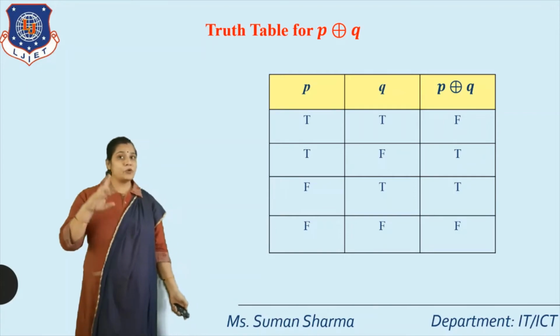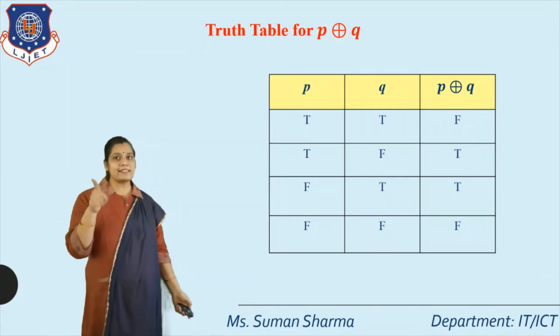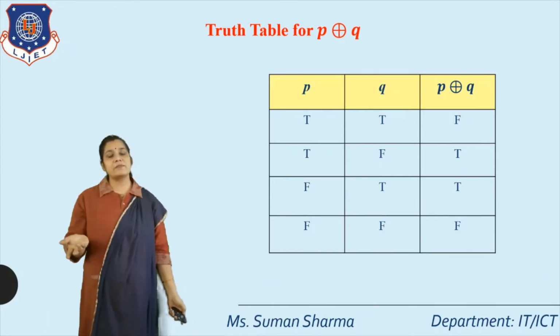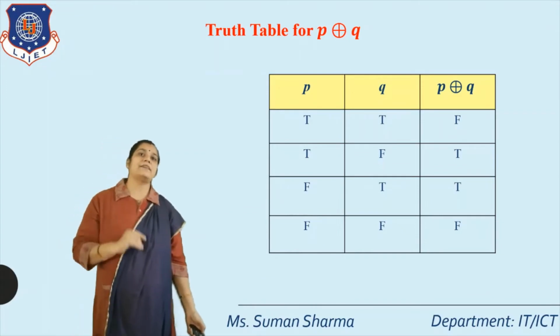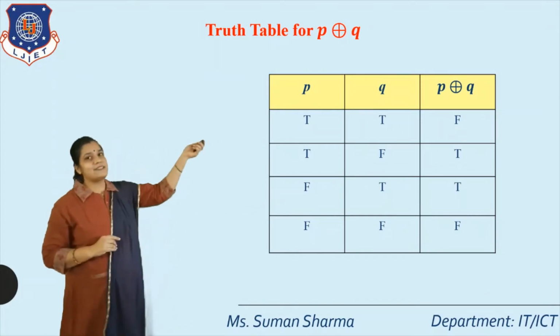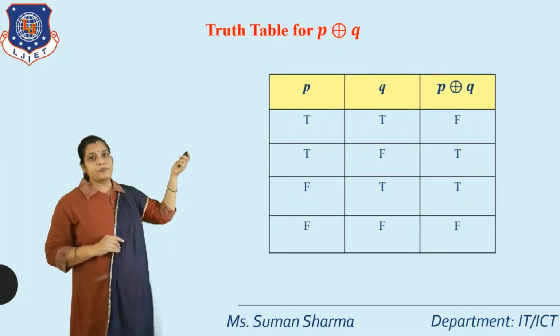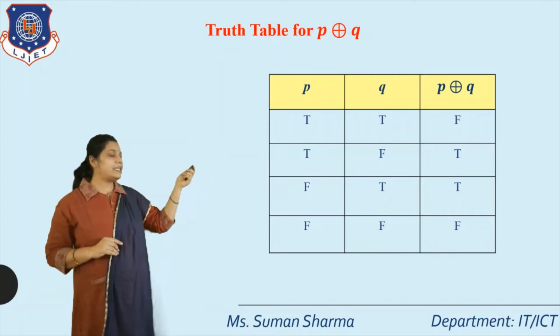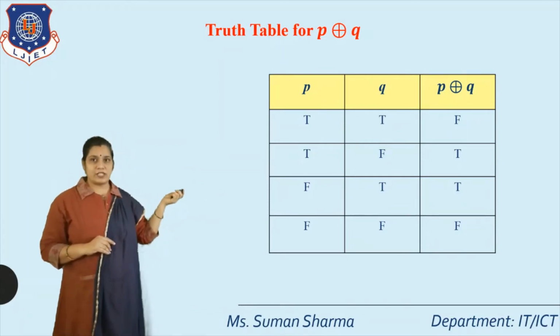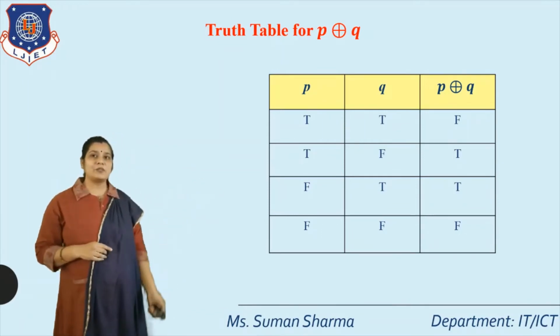But if both statements are true, then this is false, and if both statements are false, again you write false. So according to P ring sum Q, TT is equal to F, TF is equal to T, FT is also T, but FF is equal to F.